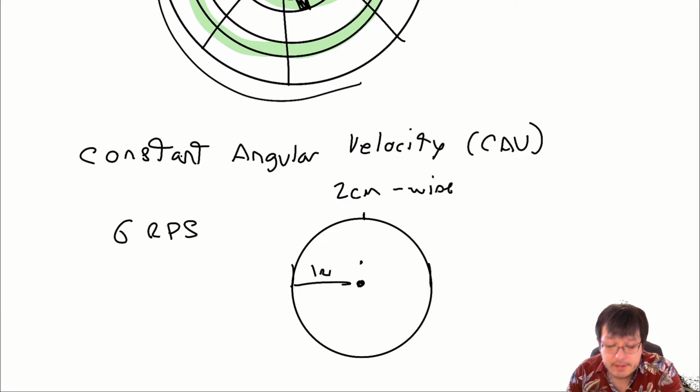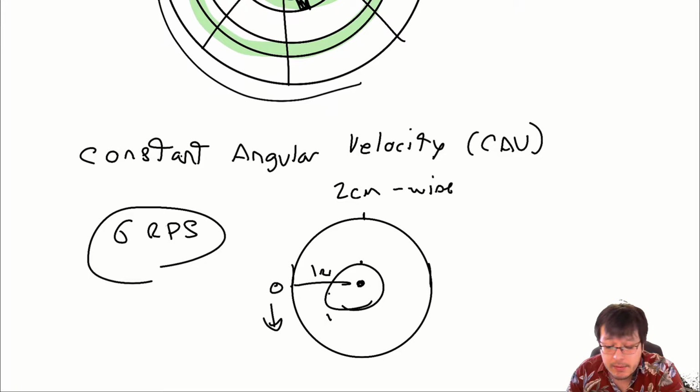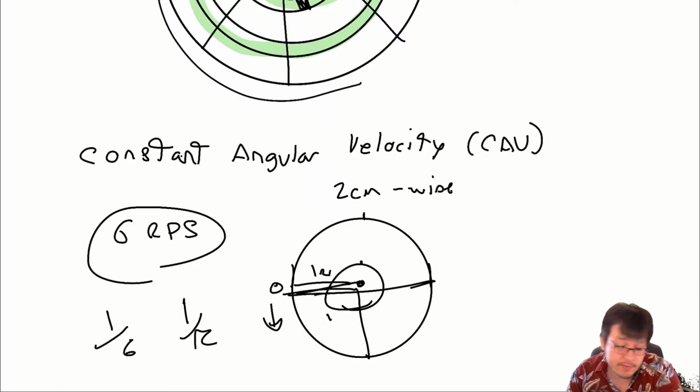How fast is the outside going compared to something in the middle of the disk? It turns out that the outside is going much faster than the inside. Even though at 6 revolutions per second, in 1 second it has rotated 6 times, in 1/6 of a second it rotates 1 time, and in 1/12 of a second it has rotated half of the spin. So something here will be here, right?